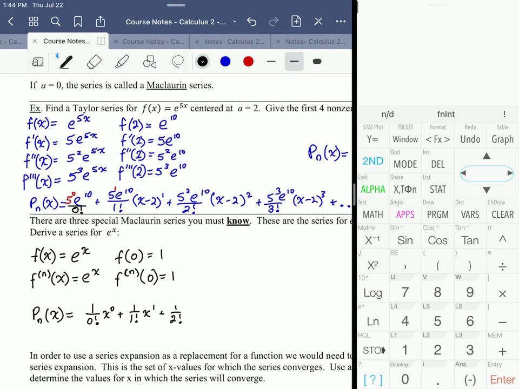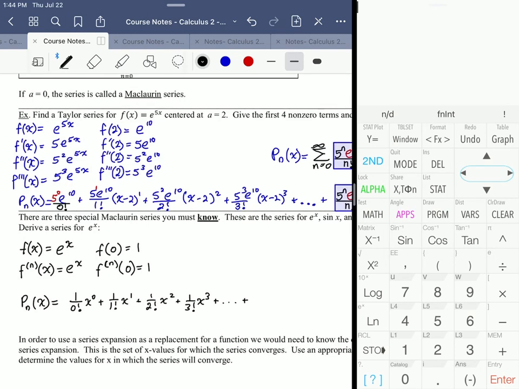plus 1 over 2 factorial x squared. It's the beauty of that derivative never changing. It goes a lot quicker. Plus 1 over 3 factorial x cubed. Now, if I want to come up with the nth term, that's not hard here because you see here that for my 0th derivative, I have zeros.